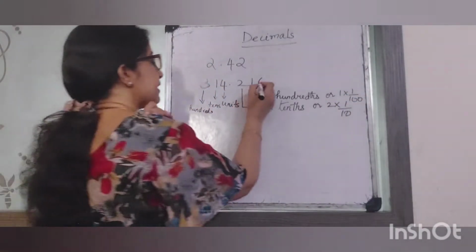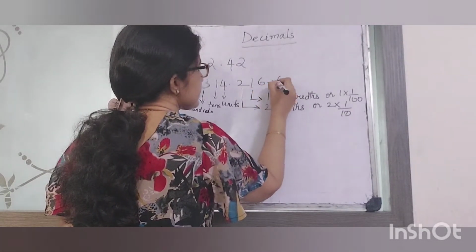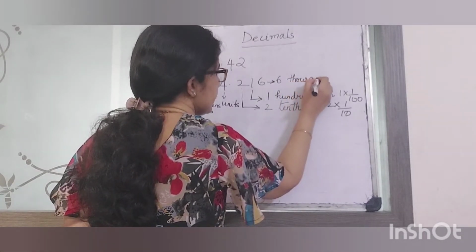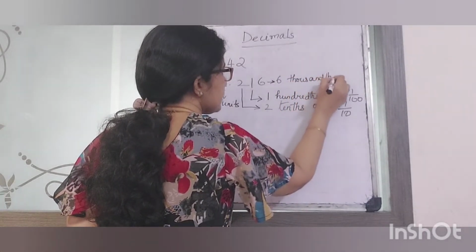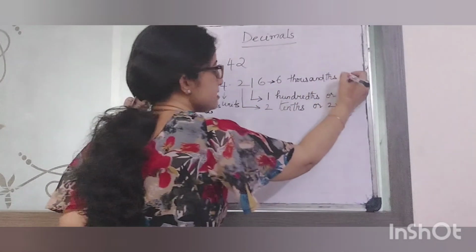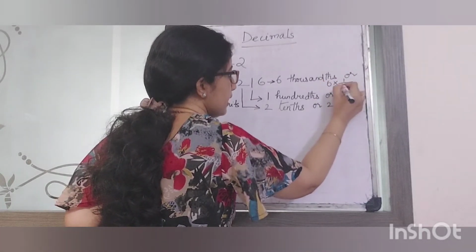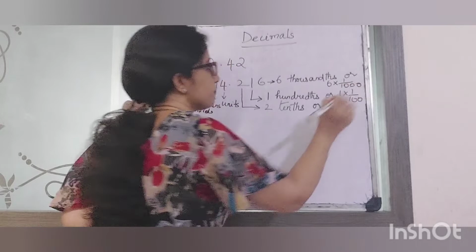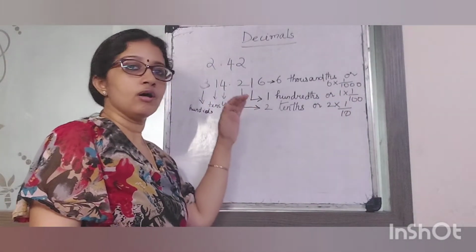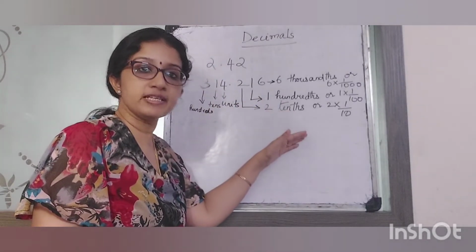Now if we take this 6, what is the place value of 6 here? 6 thousandths, T-H-O-U-S-A-N-D-T-H-S. Okay, 6 thousandths or 6 into 1 by 1000. Clear to all of you? This is how we have to express this in the form of place values.